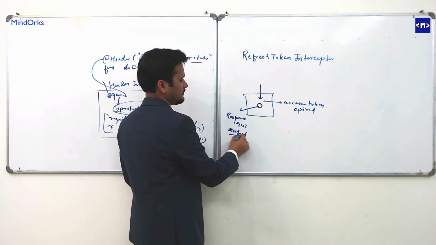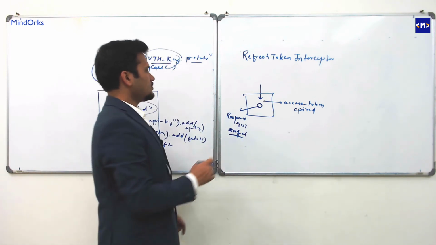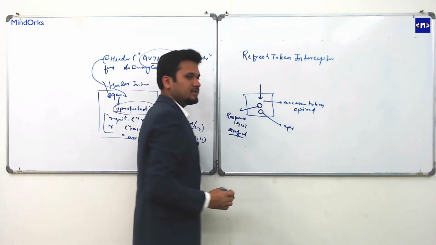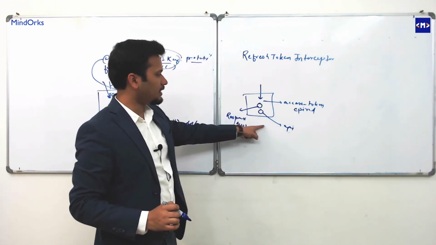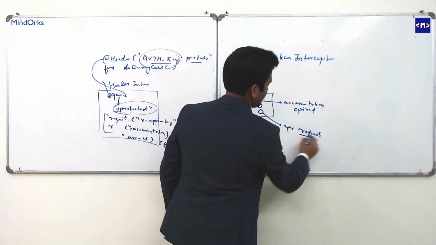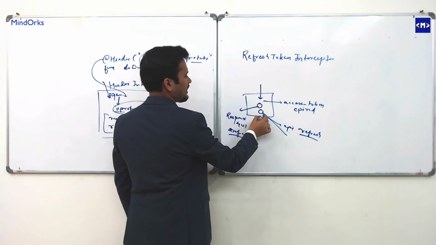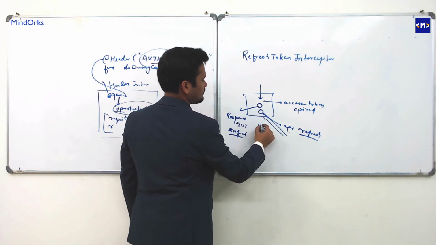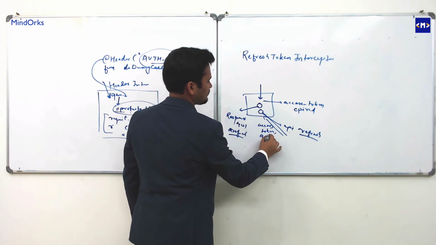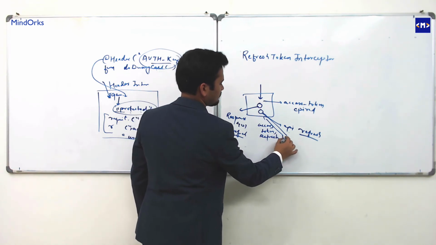When this happens, I make another API call in synchronized fashion, in the same thread, to refresh it, and this will come back with the new access token and a new refresh token.